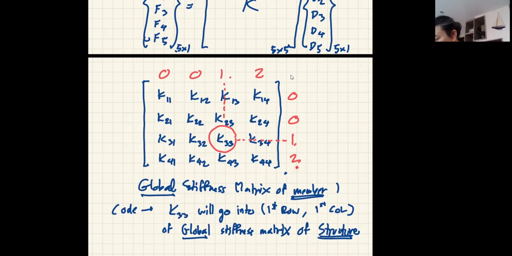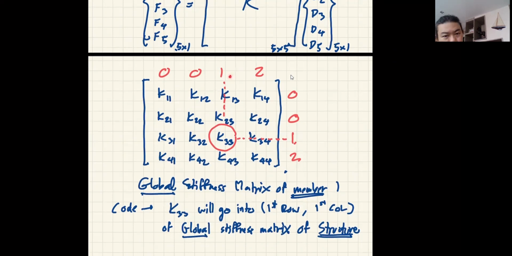K43 will go into the second row, first column of the global stiffness matrix of the structure, and K44 second row, second column. Any question?